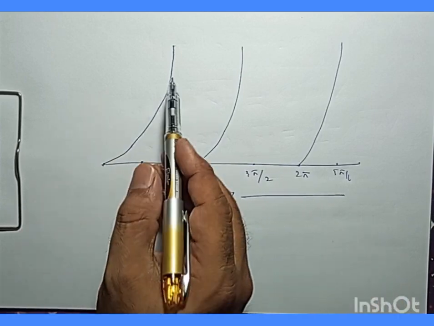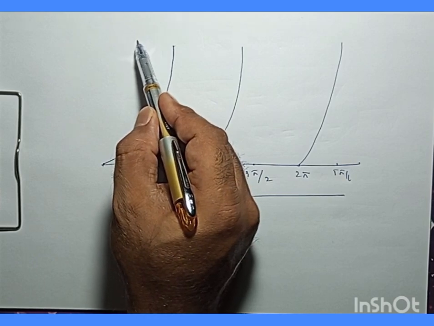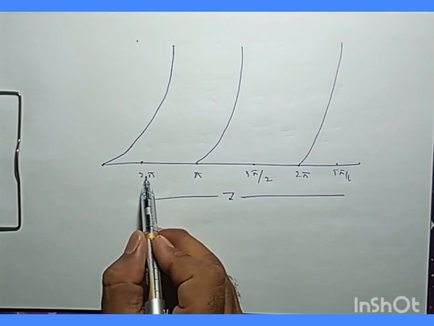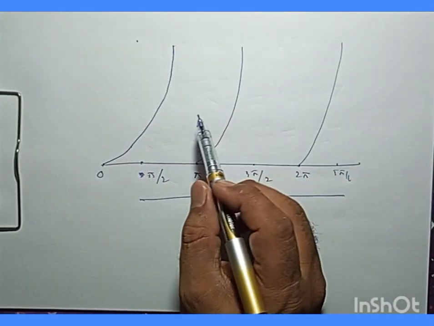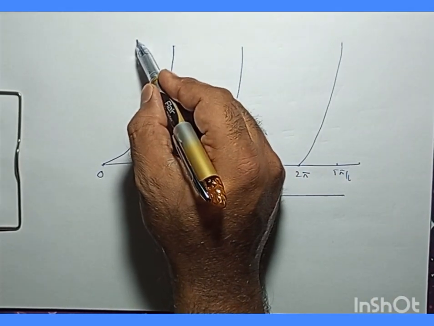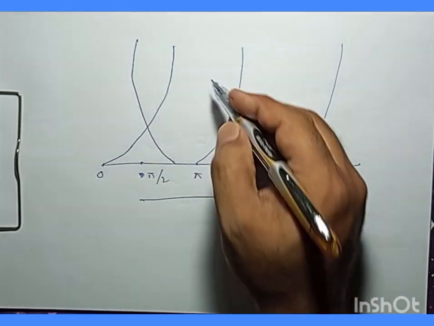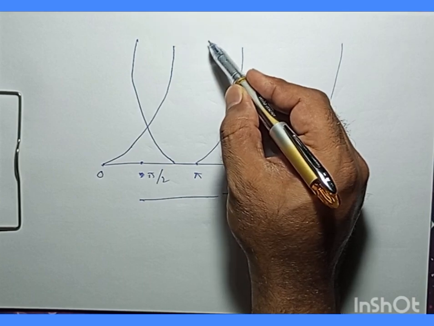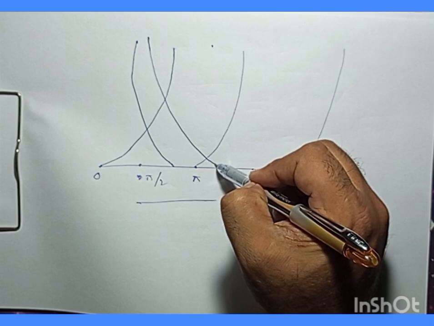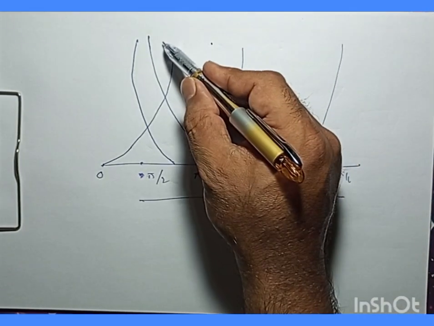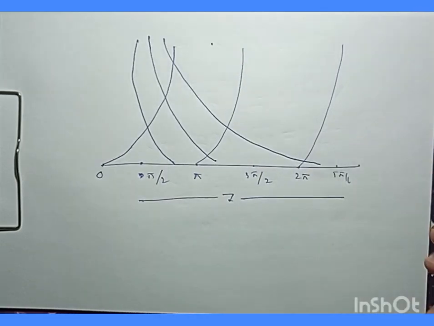This has to be pi by 2, and this is our 0, and then we have a curve for z naught equal to 2, a curve for z naught equal to 4, and a curve for z naught equal to 8.